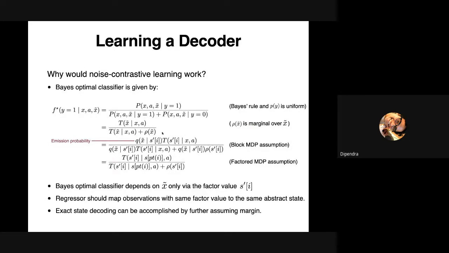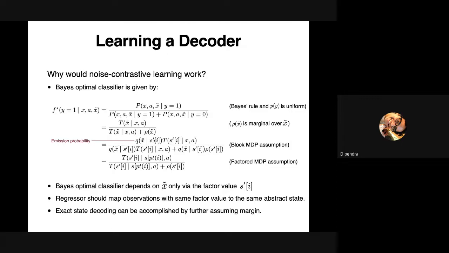And now we will apply our factored block MDP assumption. We know that x tilde is only the set of atoms emitted by some factor s prime i, and we have the block MDP assumption on this factor. So we can take out the emission probabilities, leaving only s prime i inside the transition function.